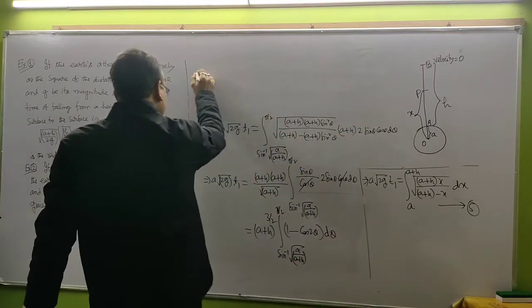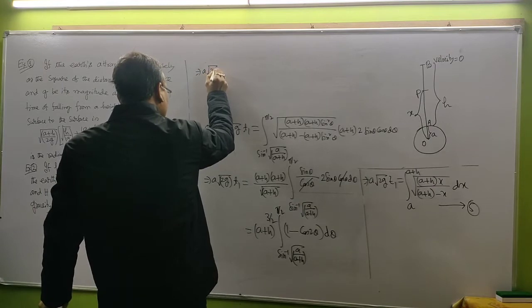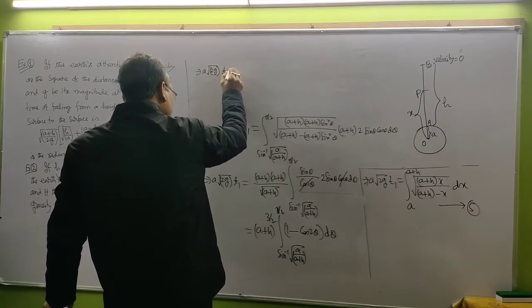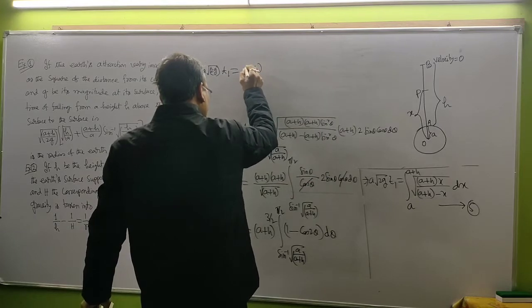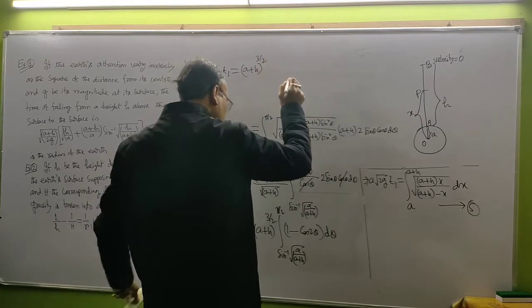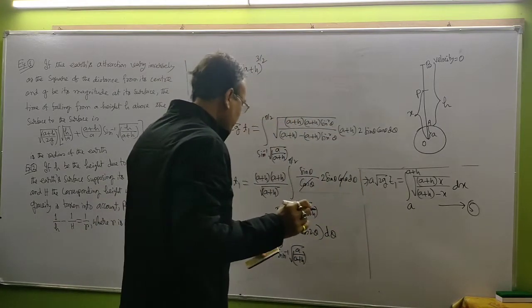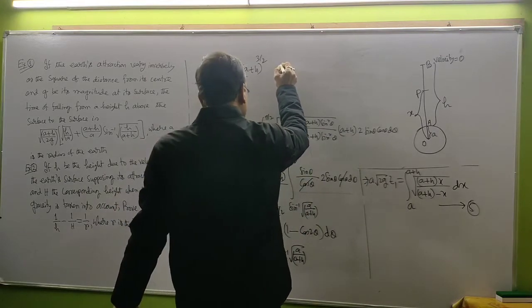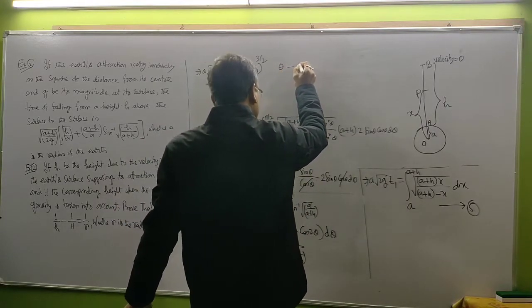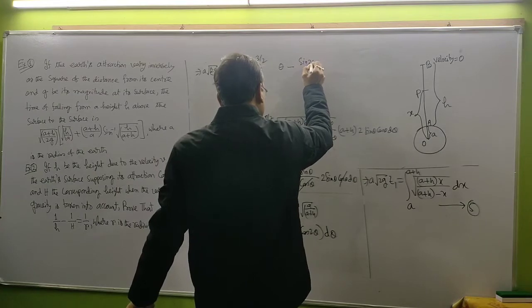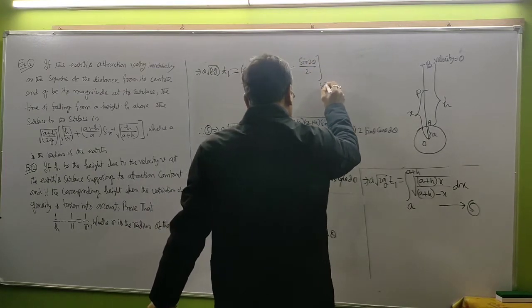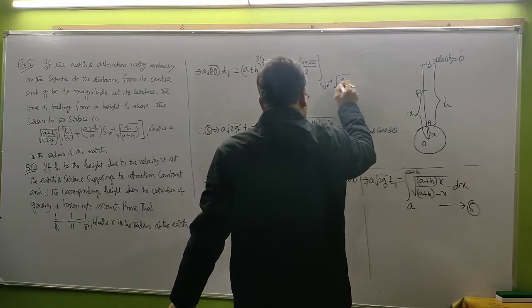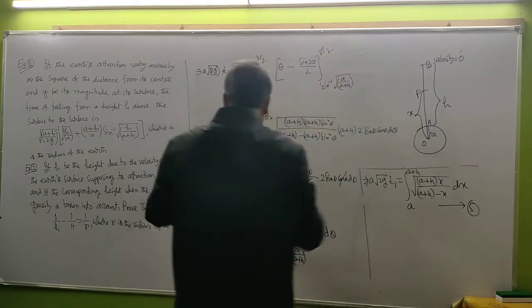This means a root over twice g t1 should be equal to a plus h whole to the power 3 by 2 times theta minus sin 2 theta divided by 2, theta varying from sin inverse root over a by a plus h to pi by 2.